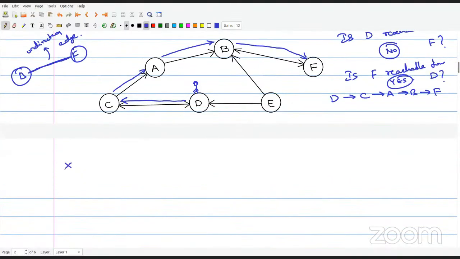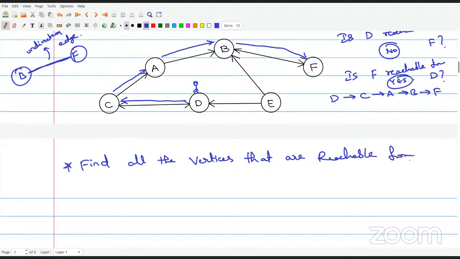So the question is, find all the vertices that are reachable from vertex C. Now I am at vertex C. To where all vertices can I go? That is the question.